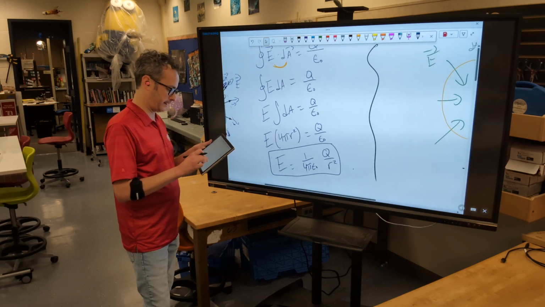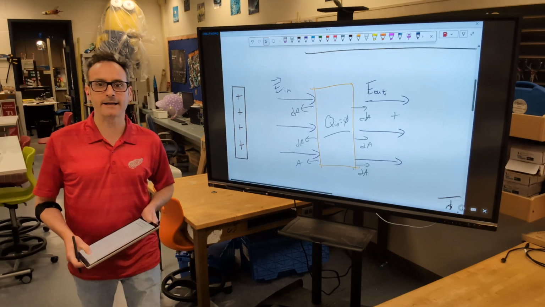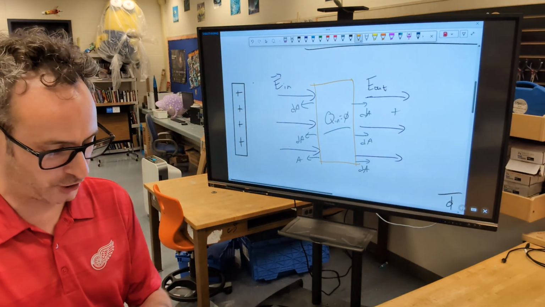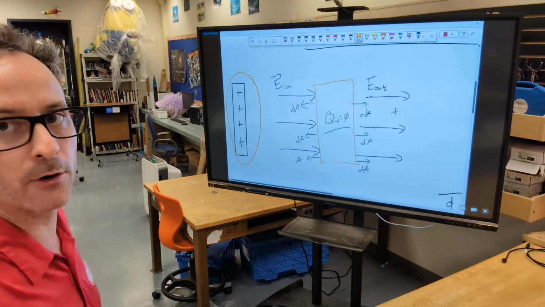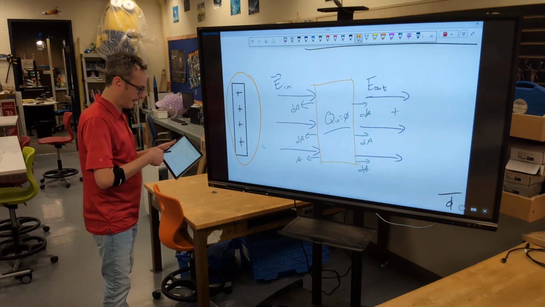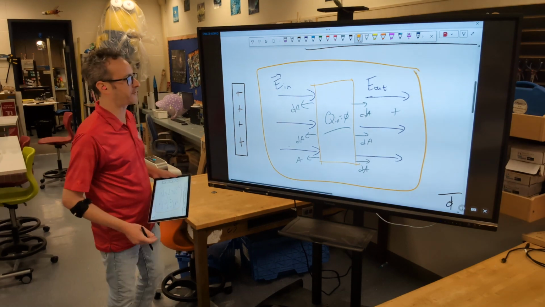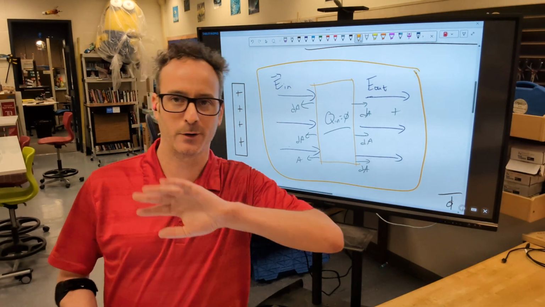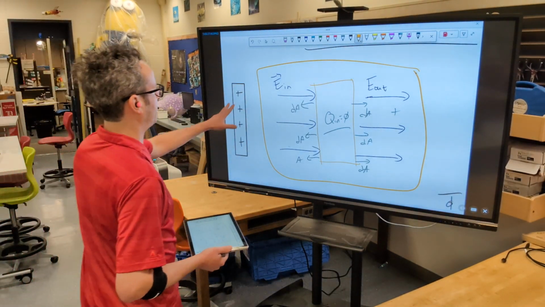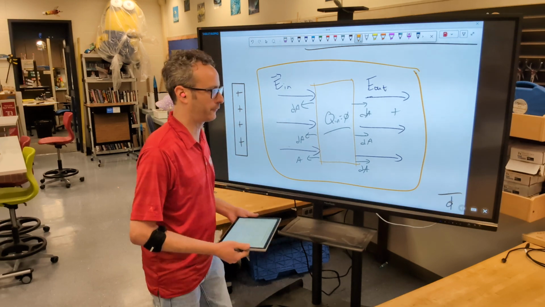Okay, and then I give you a bit of a problem. What if we had a charge over here? Here is a positively charged bar, and let's say it's emitting a constant electric field. We would probably need another bar to do that, but just to not complicate it, it's emitting a constant electric field through this enclosed space.